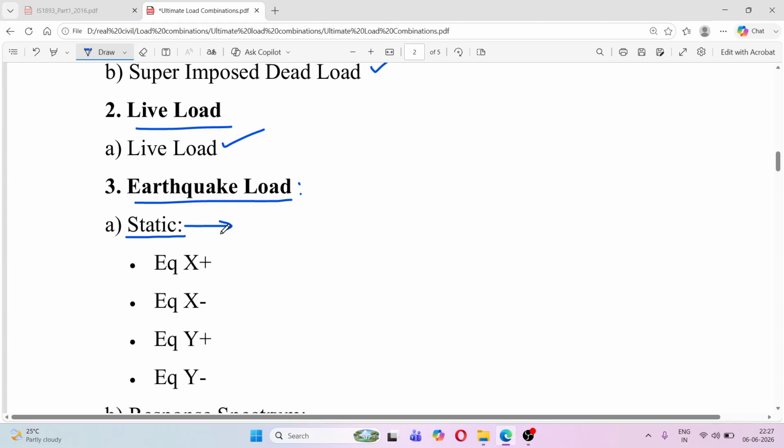Sometimes we need to perform equivalent static and response spectrum, and rarely equivalent static only. Mostly we perform equivalent static plus response spectrum, but in many cases we need to perform the time history also. So if we perform equivalent static, then there will be four cases: EQX plus, EQX minus, EQY plus, EQY minus.